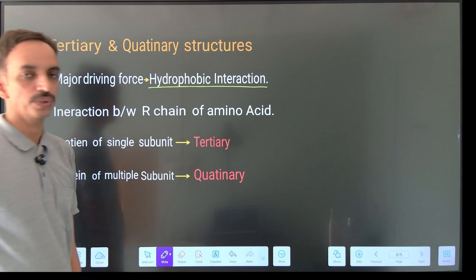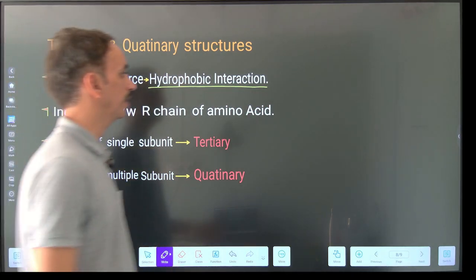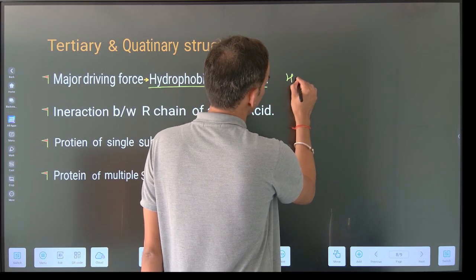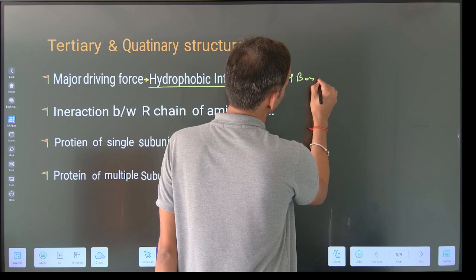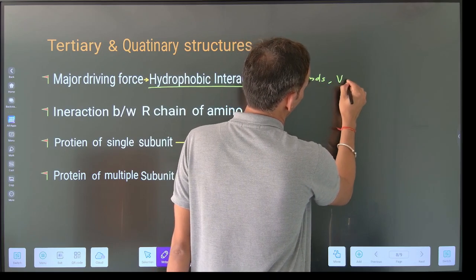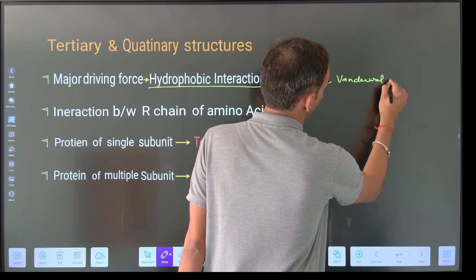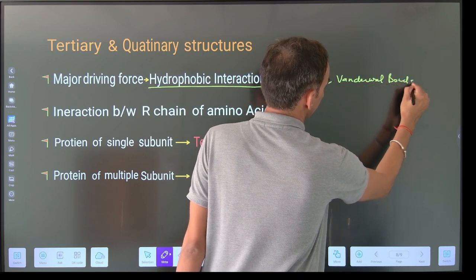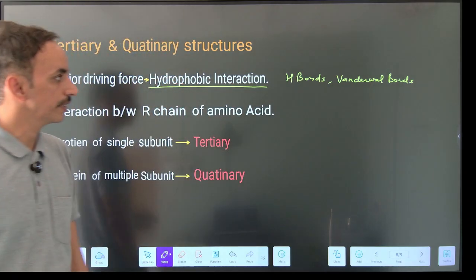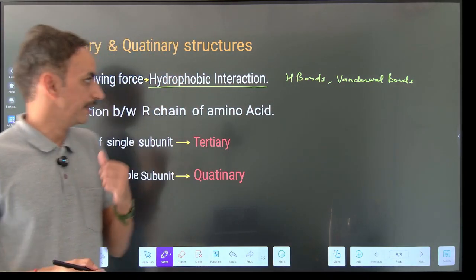The major driving force is the hydrophobic interaction, while all other types of bonds like the H bonds, van der Waals bonds, as well as the sulfur bonds, sulfide bonds, provide further stability.